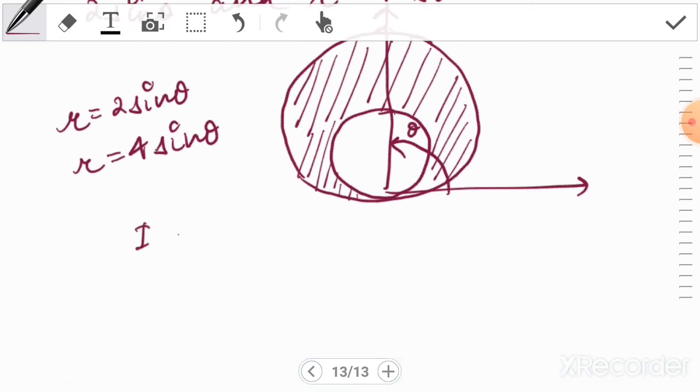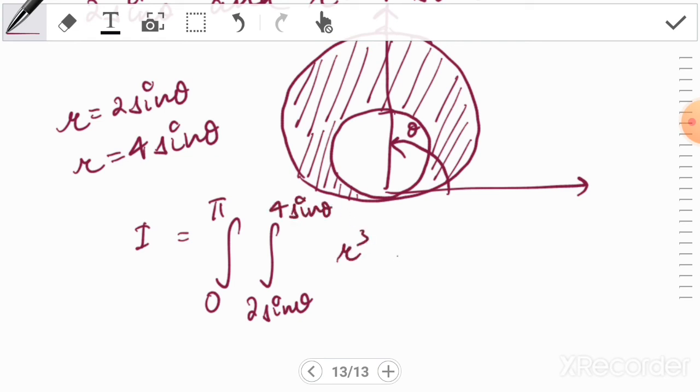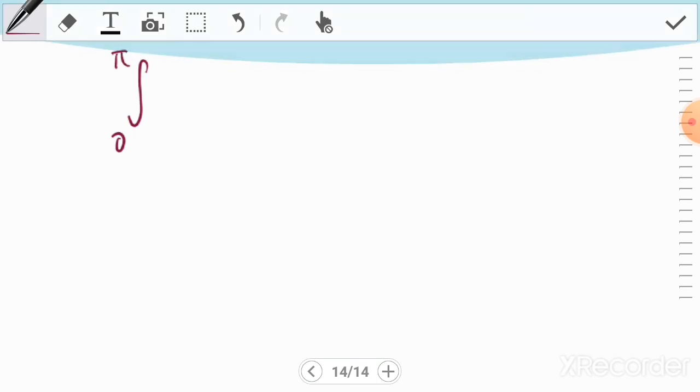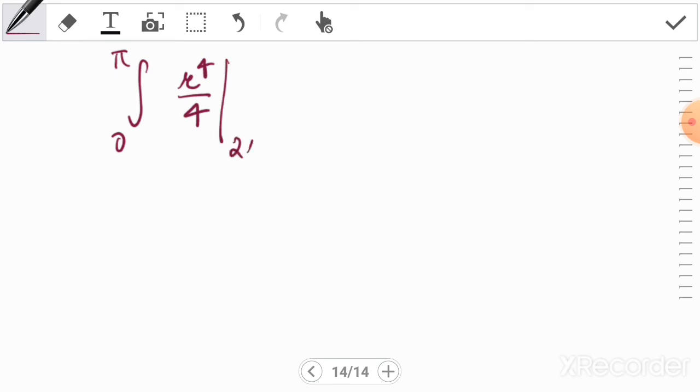Thus the required integral is 0 to pi, integral from 2 sin theta to 4 sin theta of r cube dr d theta, which is equal to 0 to pi of r raised to the power 4 between 2 sin theta and 4 sin theta, d theta.